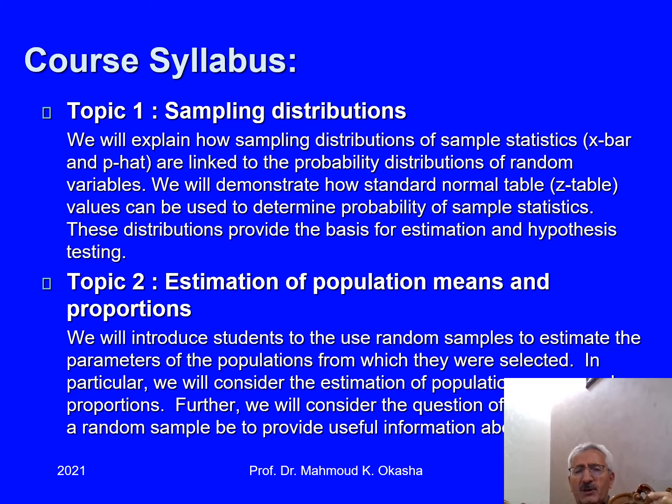For example, nobody of us knows the average family income in Gaza Strip. This is an unknown value, a constant, one value.